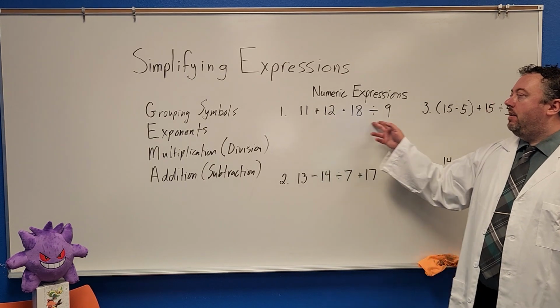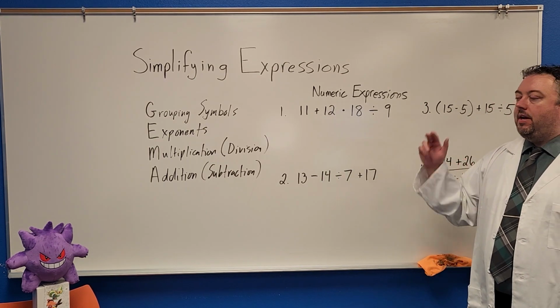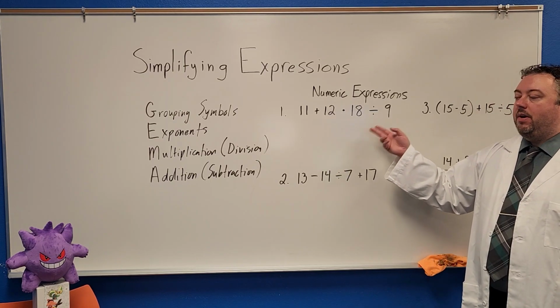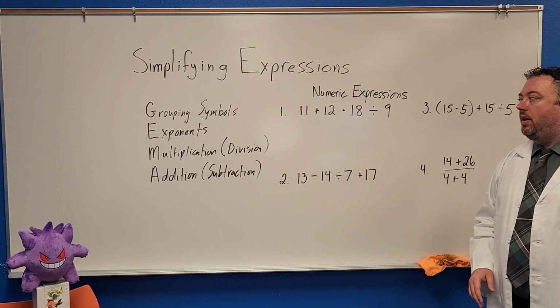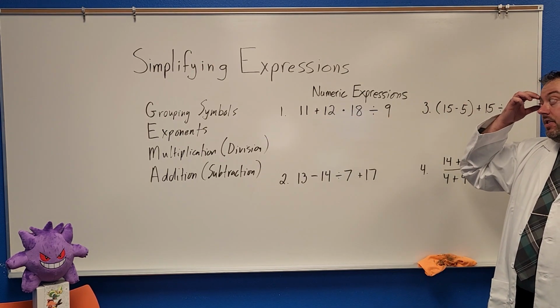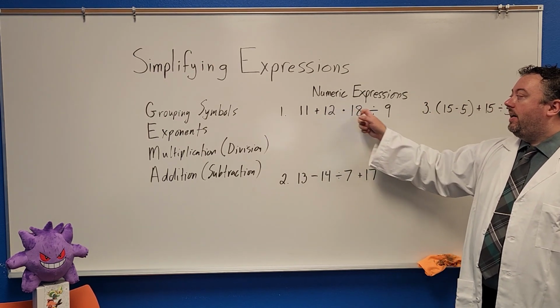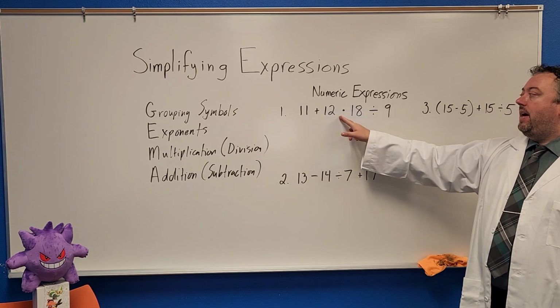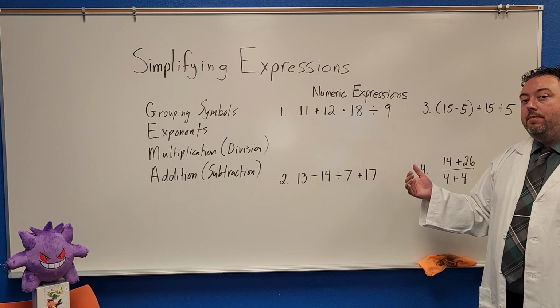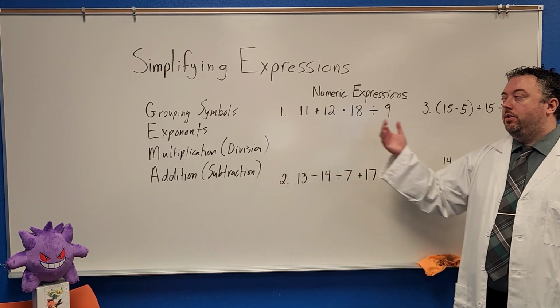As I look through here, I see no grouping symbols, so I can now move down to step 2. I look through here, I see no exponents, so I can now move down to step 3. As I look through here, do I see any multiplication/division? And I sure do, right here and right here. If I have 2 of the same operation, I need to do those operations in order from left to right.